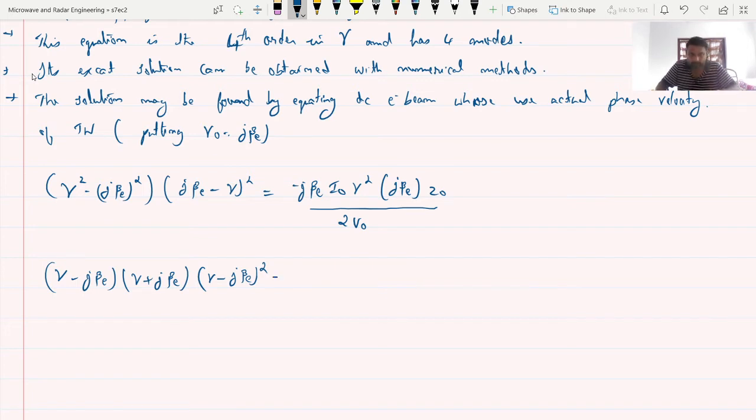So I will take that one minus j square will be, so this j square is nothing but minus 1, so it will be I naught z naught by 2 v naught into gamma square beta, and beta will be beta I square. Okay, beta I square.